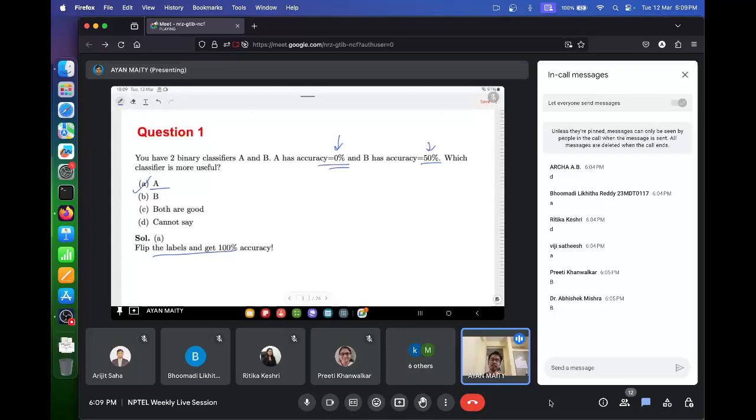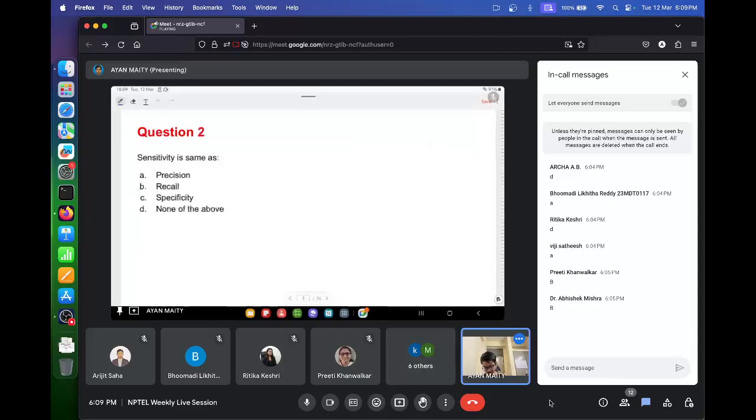If a classifier has a higher accuracy than the other, then that classifier is better. But in this specific case, as accuracy is 0, just flipping the output gives me 100%. That's why A is helpful. Now question 2. Sensitivity is the same as precision, recall, specificity, none of the above.